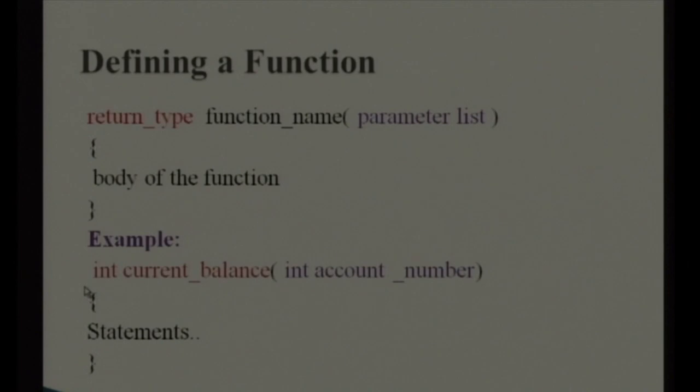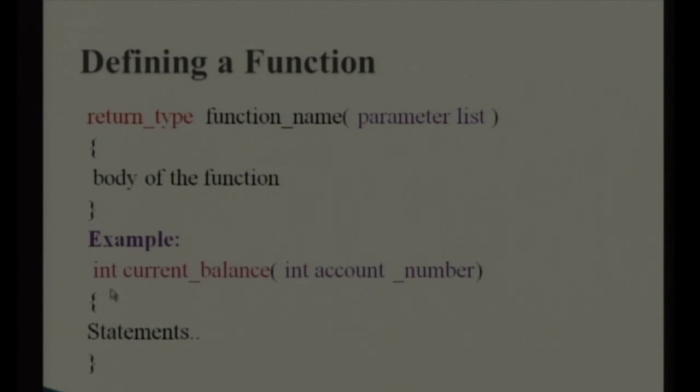writing a function. One example here we may see, if we are talking about, let us say, a function that is going to give the current amount available in a specific account in a bank, then this function is expected to return one integer value. We are assuming that the amount available is the whole number and not fractions.